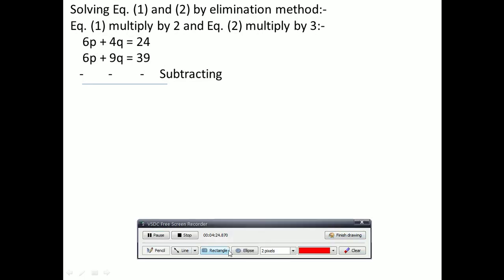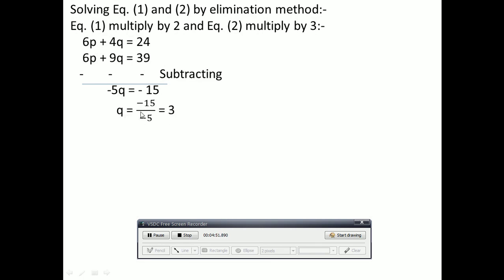Clear? Now, what will be remaining? 4q minus 9q, so it will be minus 5q. 24 minus 39 will be minus 15. So minus 5 will be shifted there. So q will be minus 15 upon minus 5, that is 3.